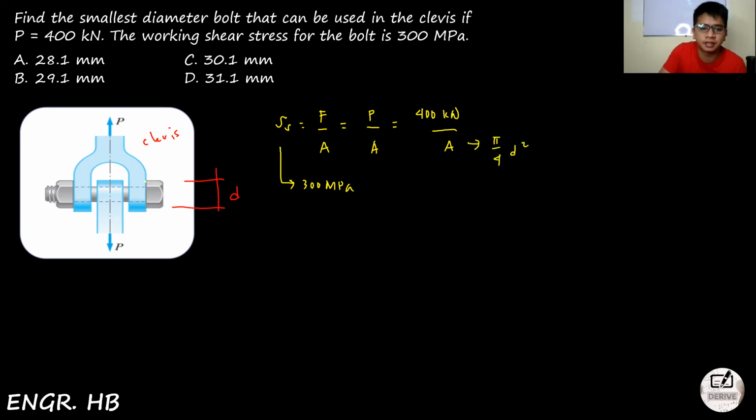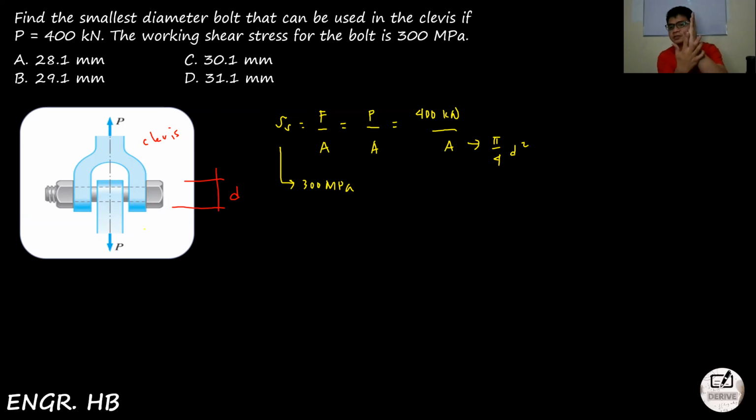Ibig sabihin, yung nagsasuffer dyan ng stress is yung circular area mo. Of course, kapag tinagilid mo yan, makikita mo dyan itong pin na to, or yung bolt, which is, ang nagsasuffer ng shearing stress is itong surface na to.